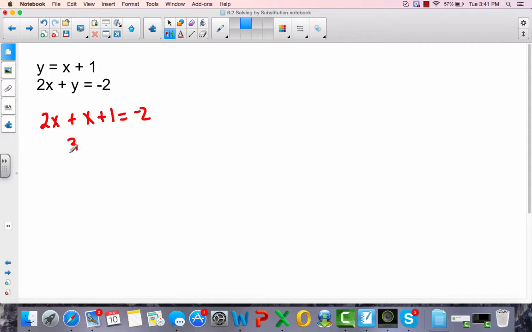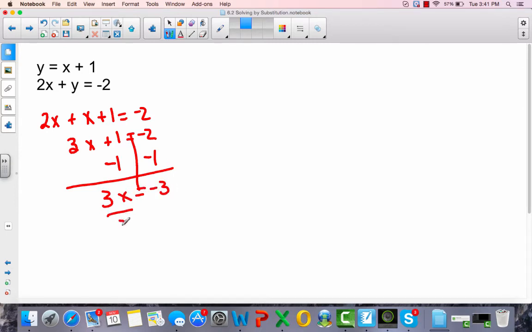That gives us 3x plus 1 equals negative 2, which gives us minus 1 and minus 1. 3x equals negative 3. Divide by 3, divide by 3. That gives us x equals negative 1.